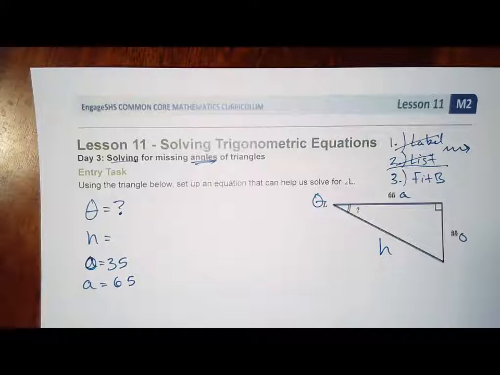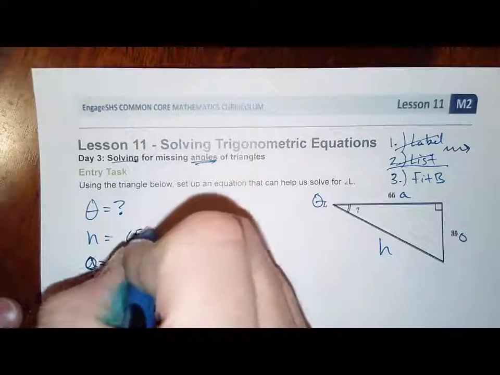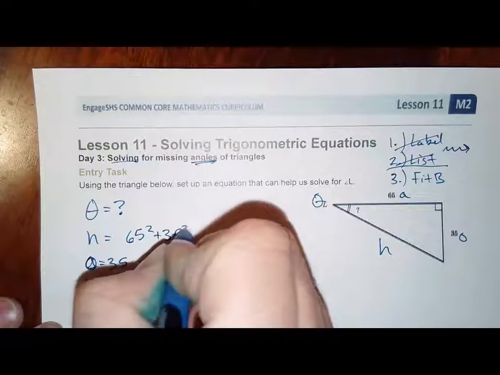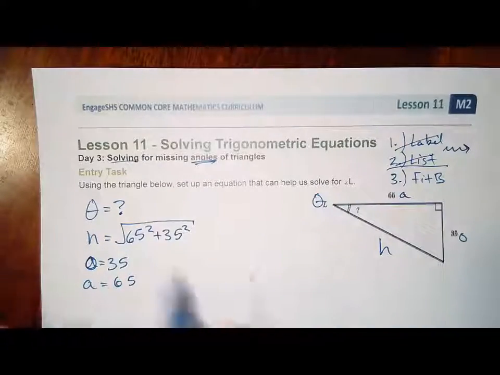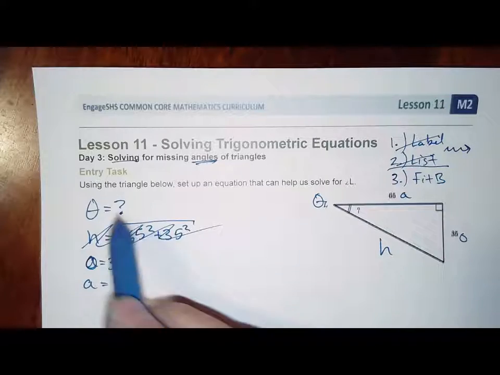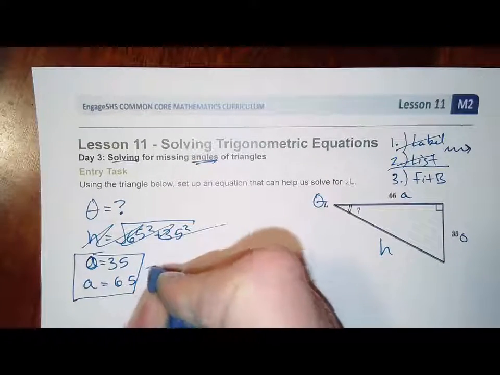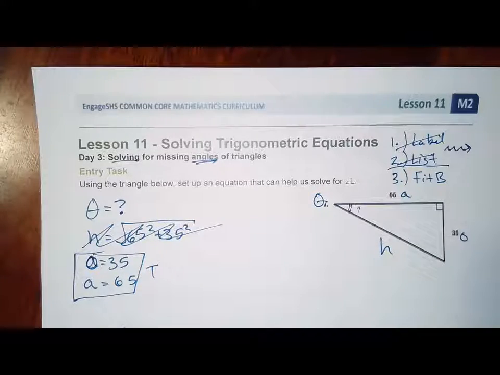Okay, so in this information, there's no number that's given for h. I could find it. I could use the Pythagorean theorem and get it. So it's really the square root of 65 squared plus 35 squared. And I'm using the Pythagorean theorem, but it doesn't matter.